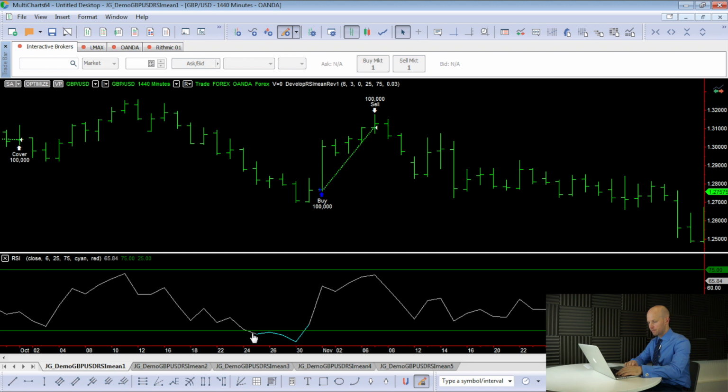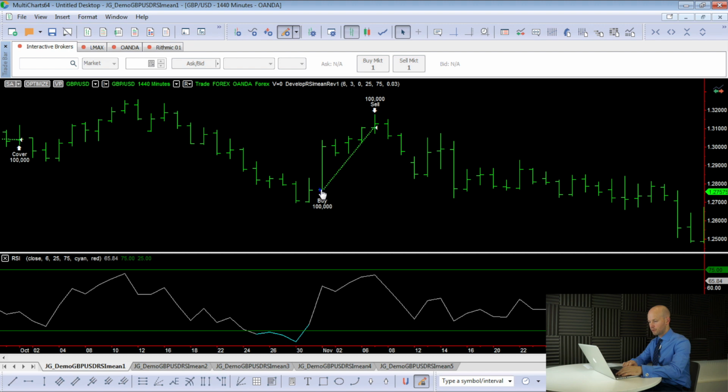You can see that it's come down below, but we don't enter the trade yet. It's gone up a little bit, and we still don't enter the trade because it's still below 25. It's not until this point here, where it closes above the 25 level, so it's come out of that level, that we enter on the open of the next bar.